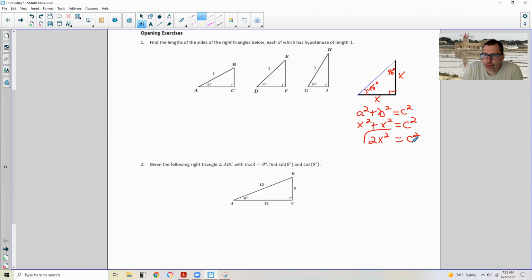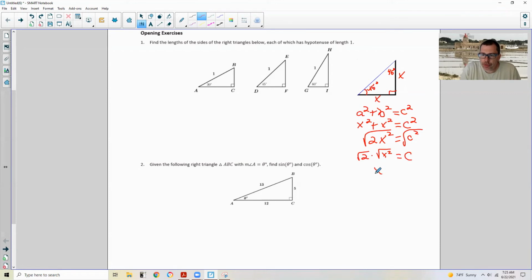Then we take the square root of both sides, so we're solving for c. That gives me c equals the square root of 2 times the square root of x squared.